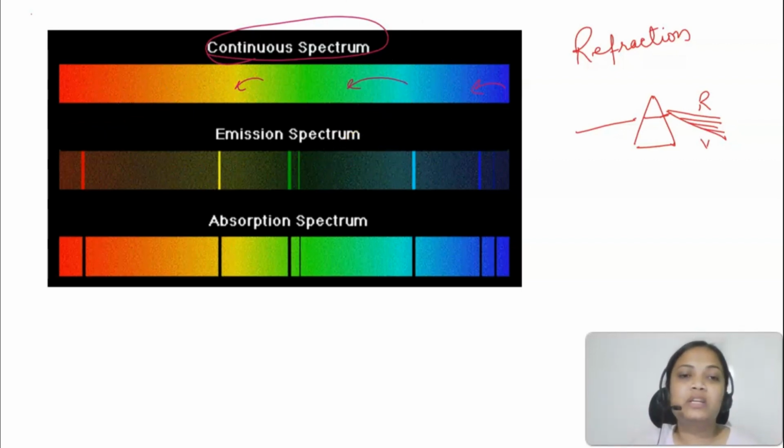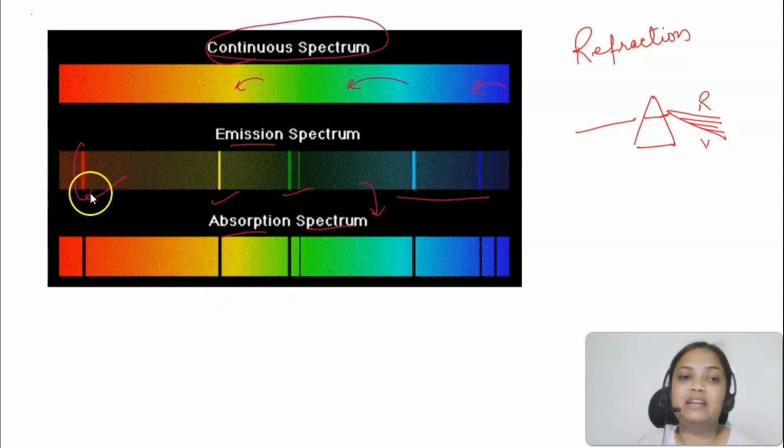So then what are the emission and absorption spectra? In this case, the spectrum of radiation that has been emitted after absorbing a certain amount of energy is known as the emission spectrum, as you can see here, students. And the absorption spectrum is like a photographic negative of the emission spectrum.